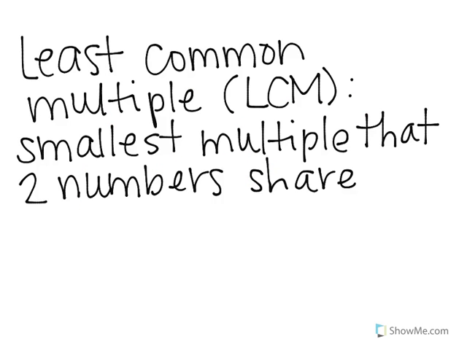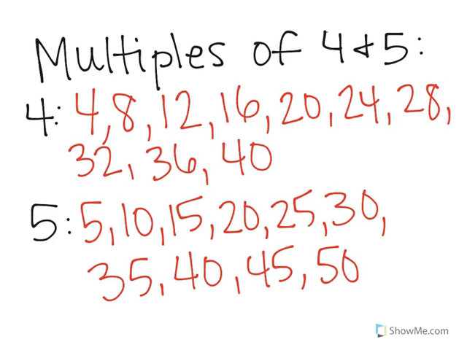The least common multiple, or the LCM, is the smallest multiple that two numbers share. So in factors, you always look for the largest number. In multiples, you always look for the smallest number. So let's look at the smallest multiple that two numbers share on 4 and 5. Well, once again, first thing I'm going to do is circle all the ones that they have in common.